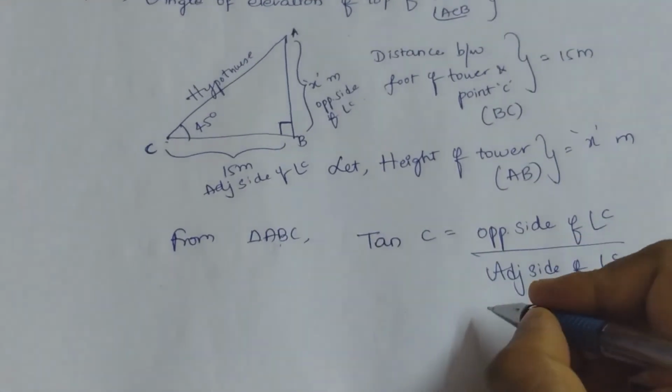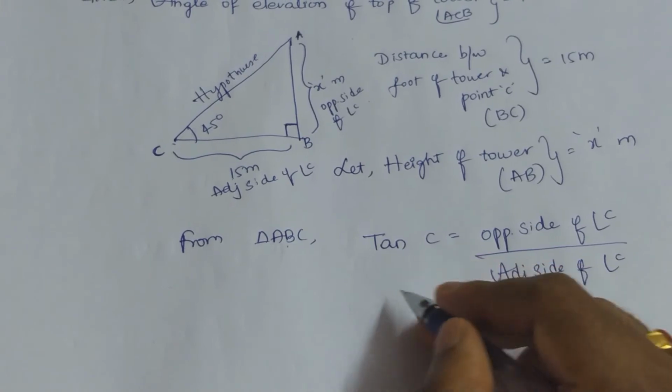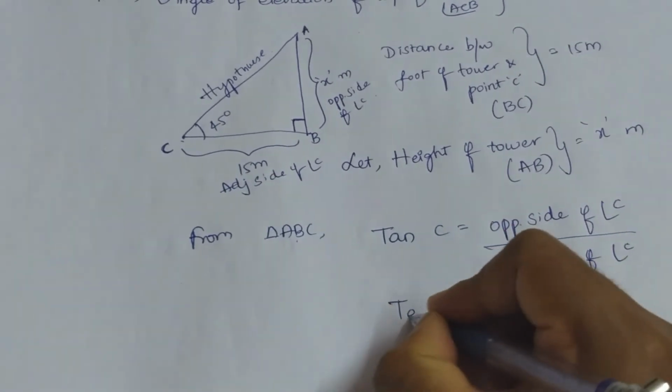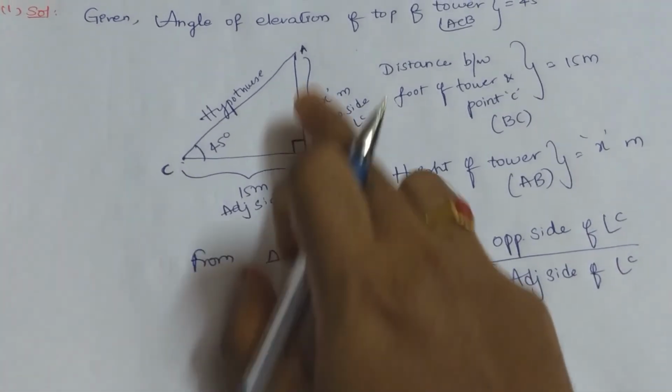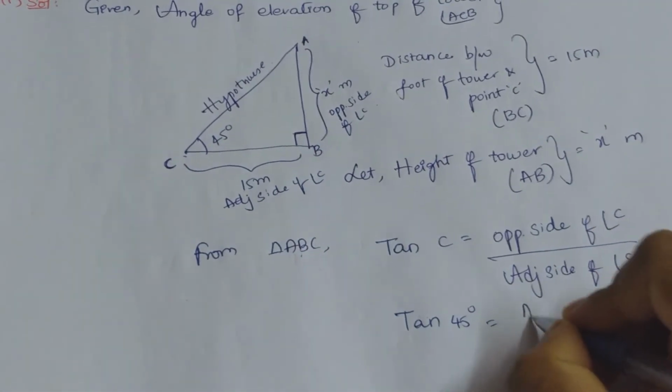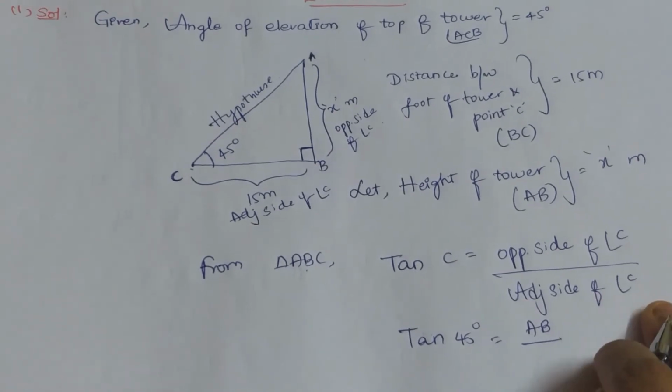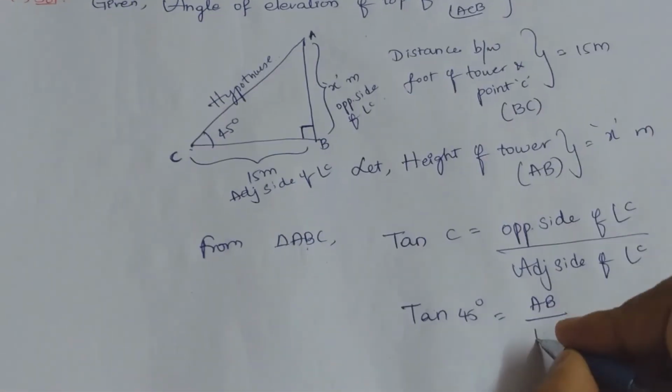So what is angle C? 45. So tan 45 degrees equals, what is the opposite side of angle C? It is nothing but AB, correct? So AB by, what is the adjacent side of angle C? It's nothing but BC. AB by BC.